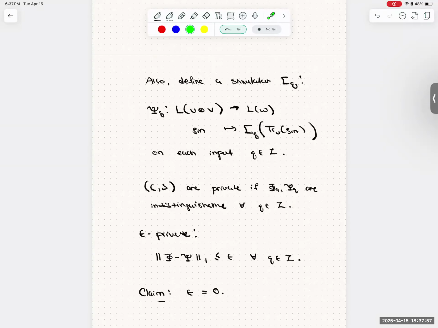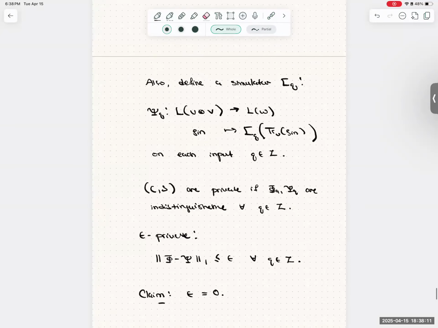Okay, maybe I should ask, what does this channel abstract or formalize in the previous scheme of communication? So we had this Alice and Bob. Well, the domain of this thing is linear maps on U tensor V, where U is the client's input space, and V is the server's input space.